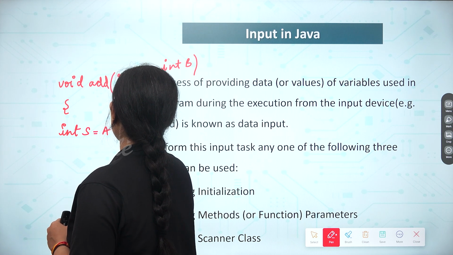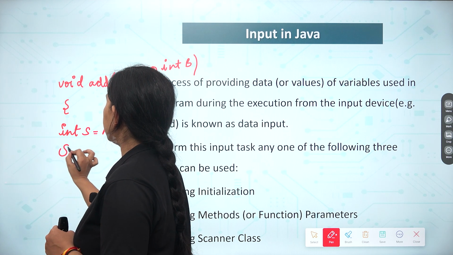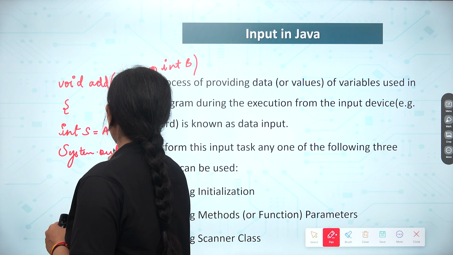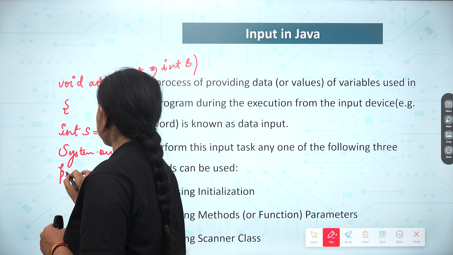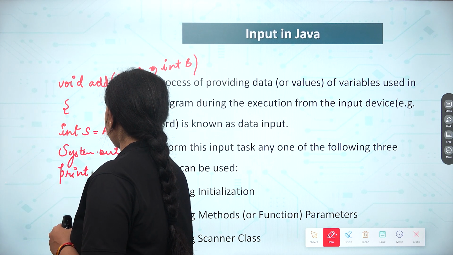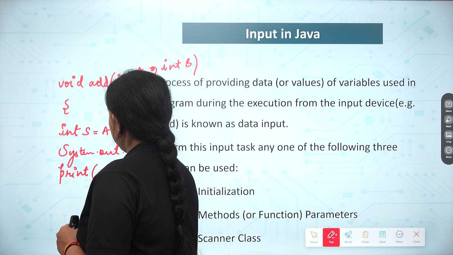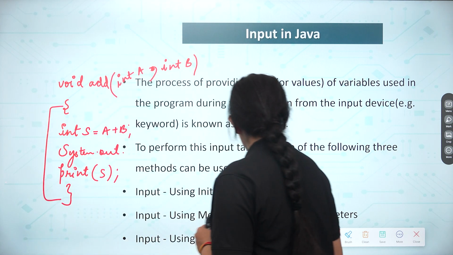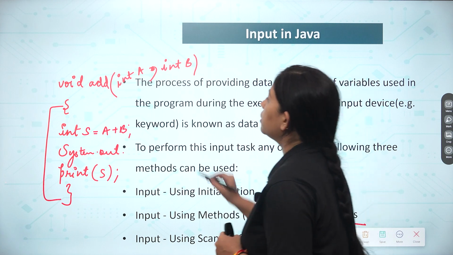So I'll mention a plus b, and then at the end with the help of System.out.println we print the result. S can be printed over here. That's it. This is the entire code. Here we are passing the parameter values.